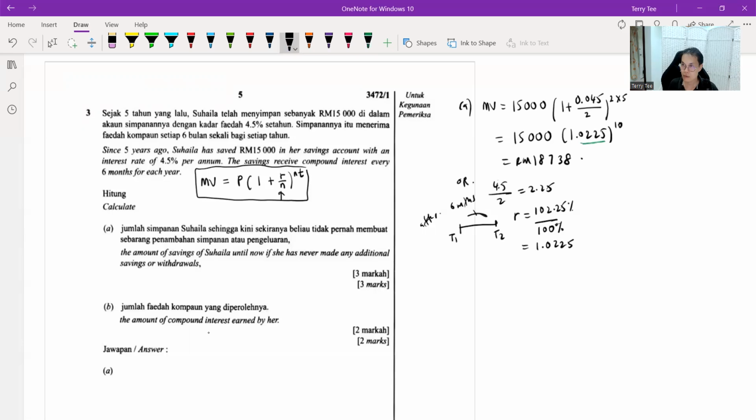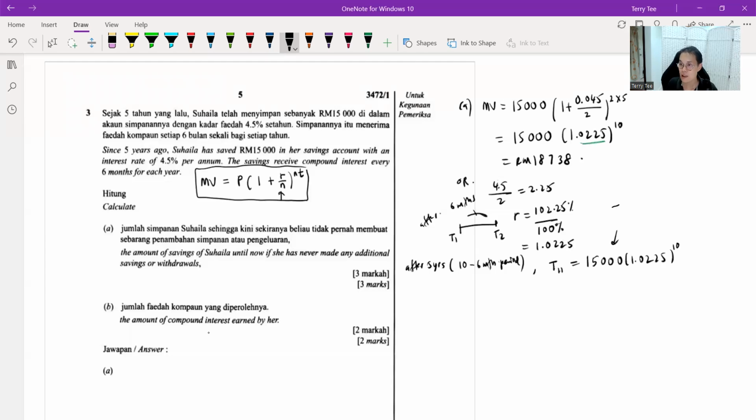Now, remember this, after 6 months, you get T2. After 1 year, you get T3. So after 5 years, that means 5 years is 5 times 2, 10, 6-month periods. So after 10 6-month periods, what we get is actually T11. We don't get T10, we get T11, right? So every 6 months, you compound it. So it's T11, and T11 is given by a r to the power n minus 1, which is 10.